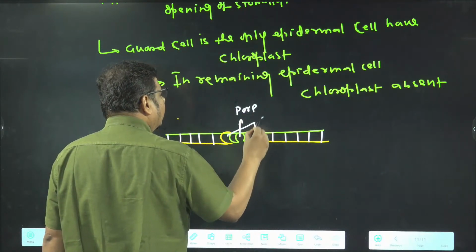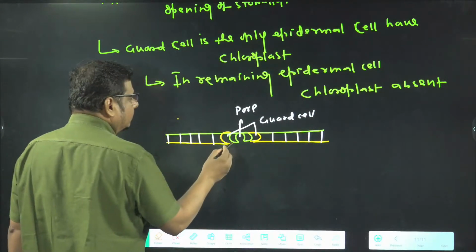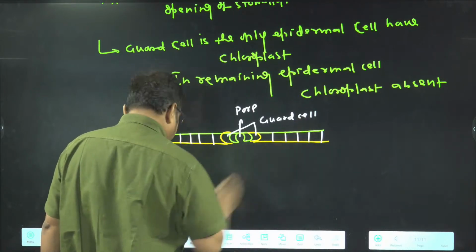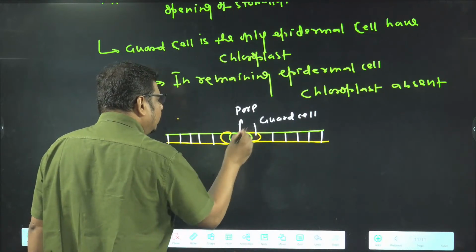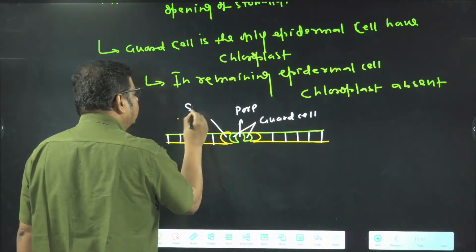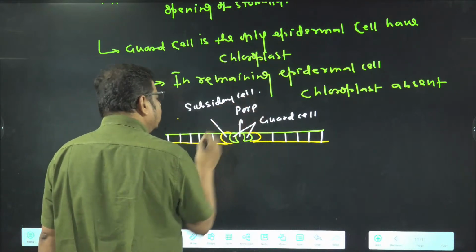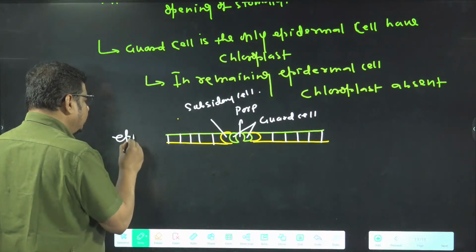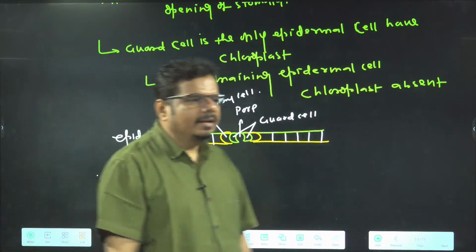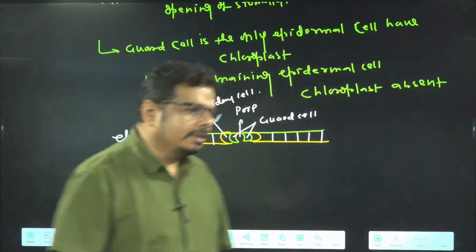These two are guard cells. Let me erase. The green one is the guard cell here. And these are what? Subsidiary cells. So both guard cells and subsidiary cells are epidermal cells, and it is the epidermis, the outermost covering. You got the idea? So the epidermal tissue system is over.